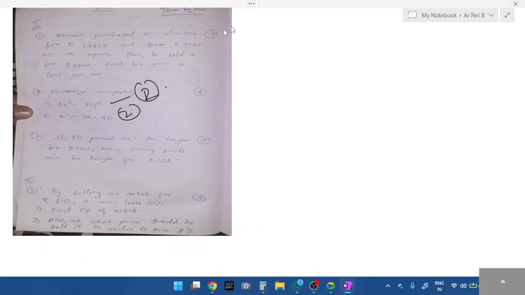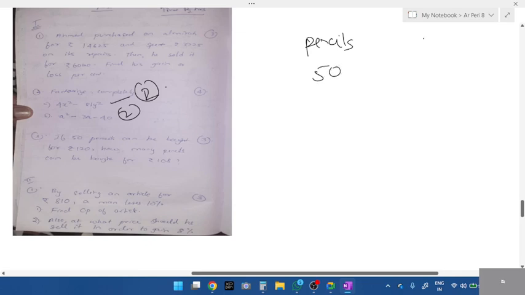This is a direct and inverse variation question. Pencils are 50, and what is the cost, students? For 50 pencils, the cost is rupees 120. How many pencils can be bought for rupees 108? Now, answer this.